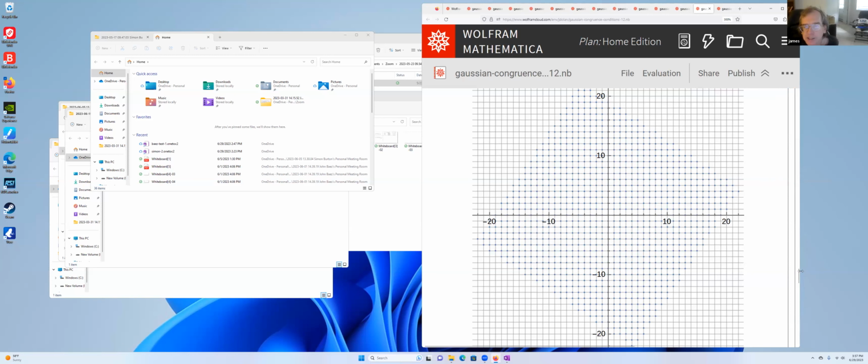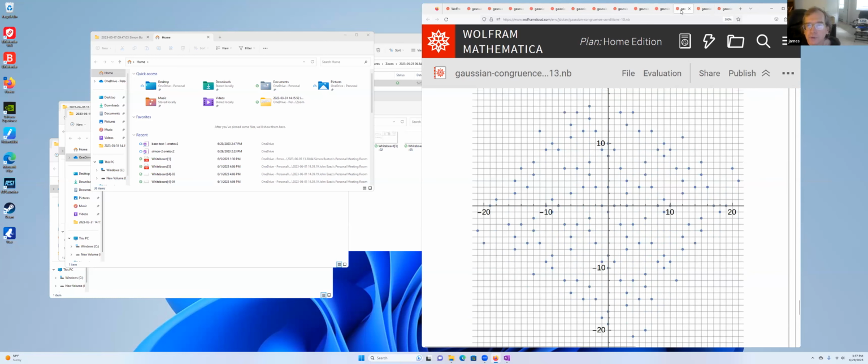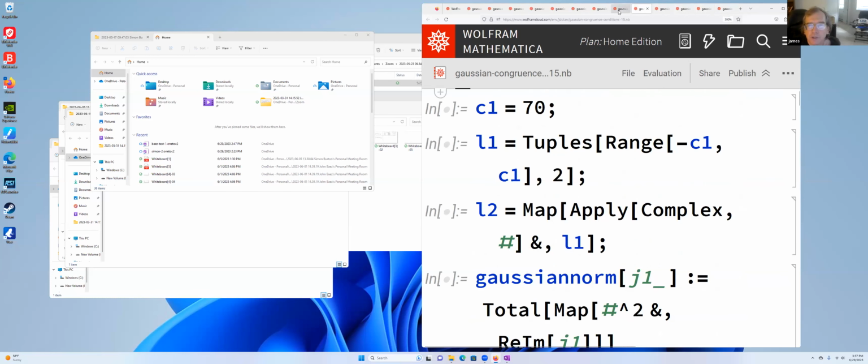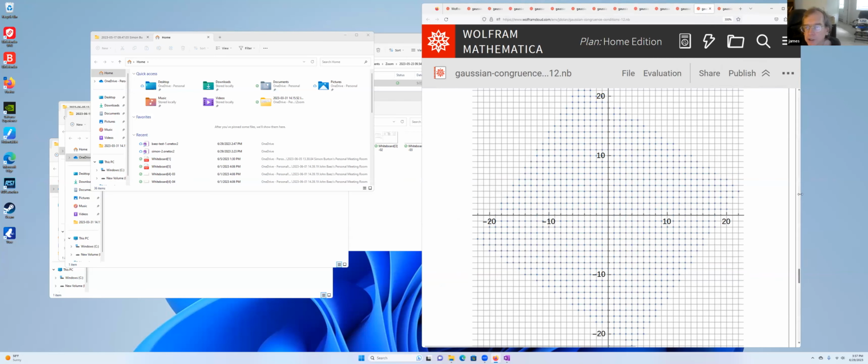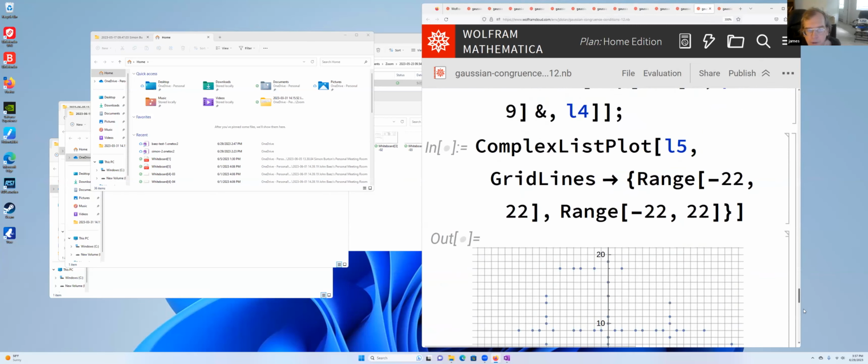So let's see. I've got 1, 2, 3, 4, 5, 6, 7. Those all look the same, but I'm actually going through 13 different programs here. Let me see if I can get them all to show up here. So this is the second one.